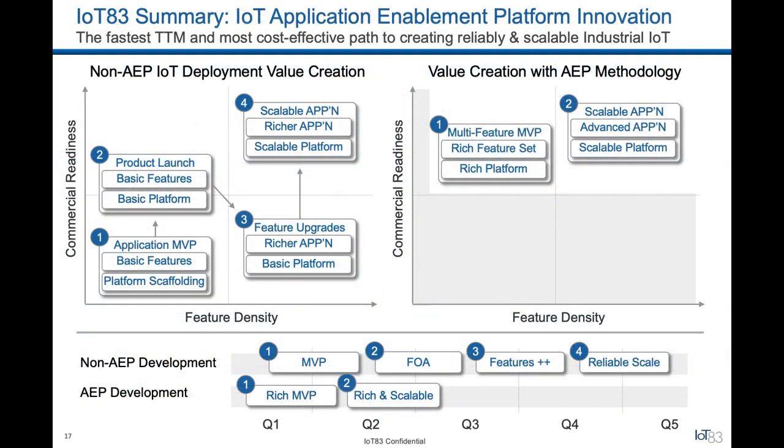Okay, but even forgetting the value added from the previous slide, this slide sums up the implementation differences between using an AEP, or Application Enablement Platform, and not using one. On the left, if we look at this chart, feature density versus commercial readiness. First, you build an application minimum viable product with basic features and platform scaffolding.